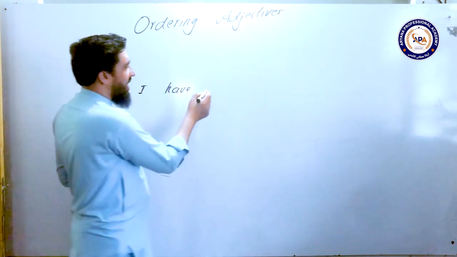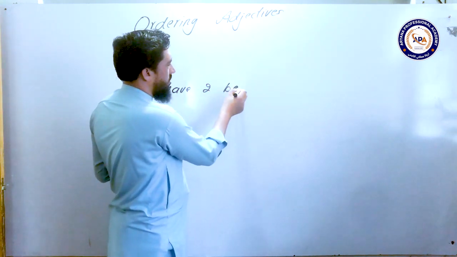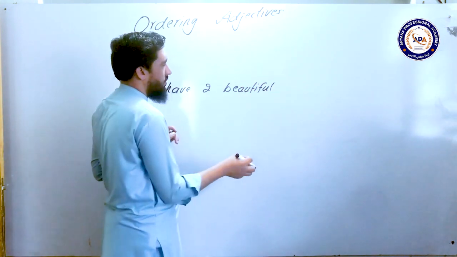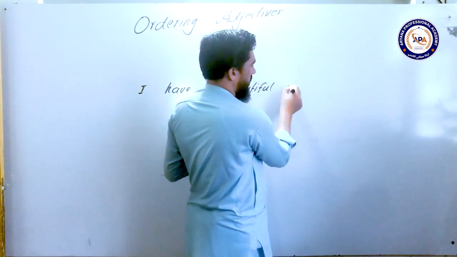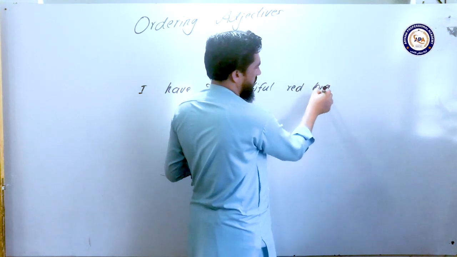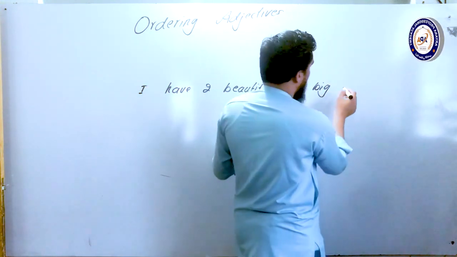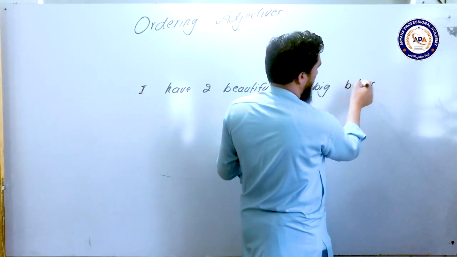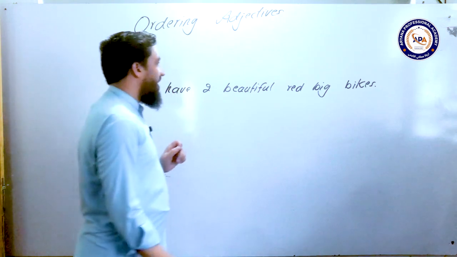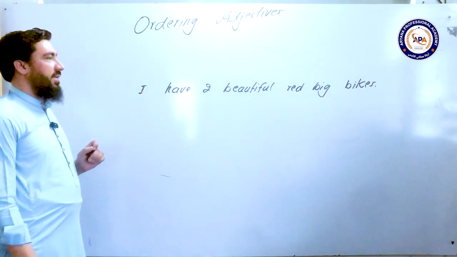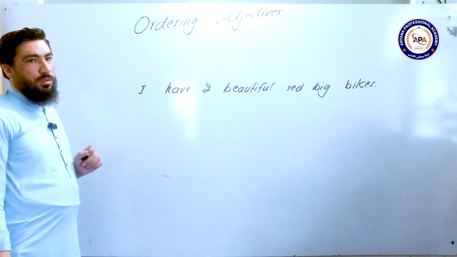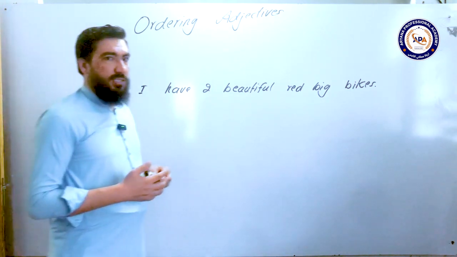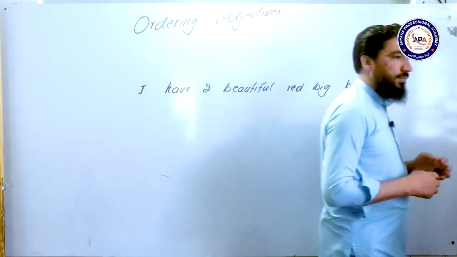For example, I have two beautiful red big bikes. Can you see anything wrong in this sentence? Is there anything that must be changed?